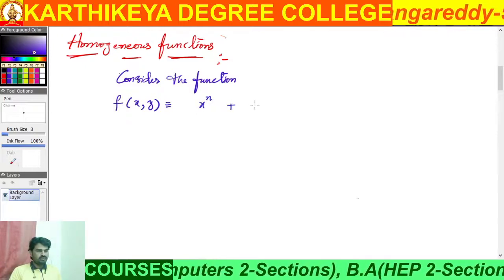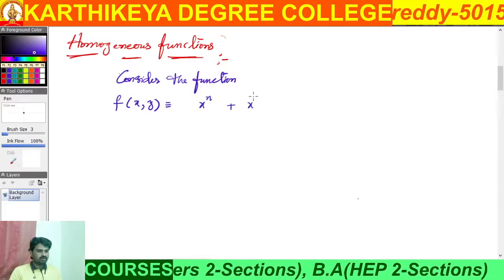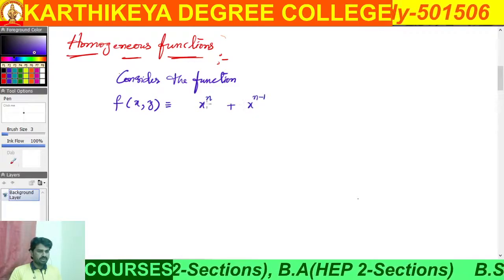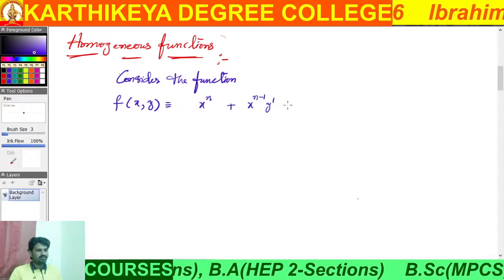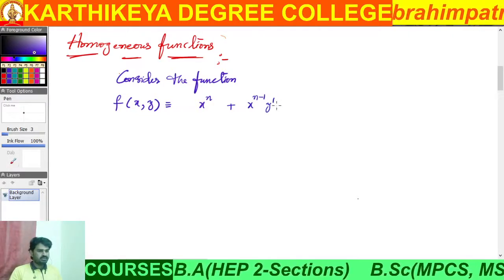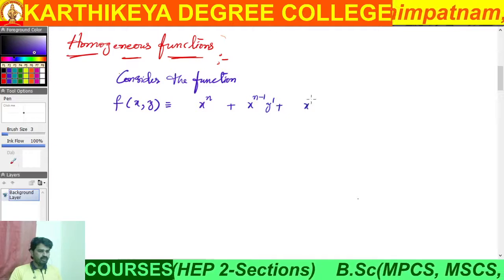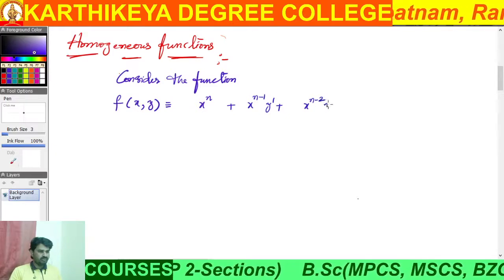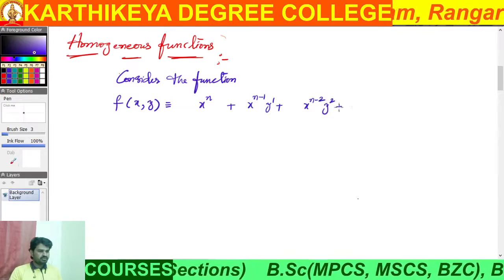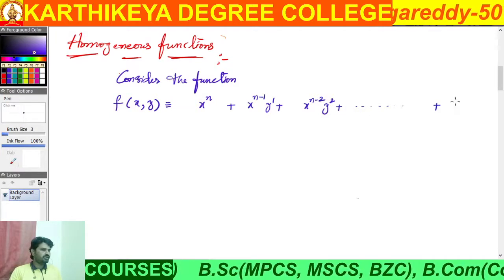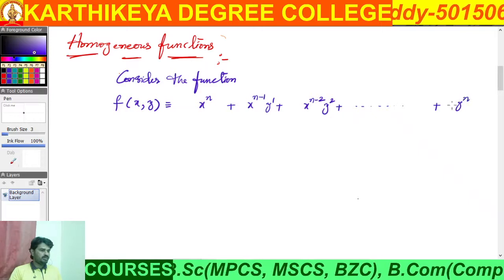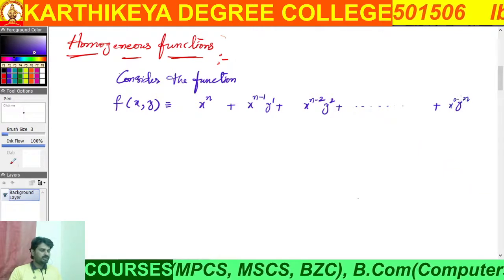Next term, we are going to reduce the power of x and increase the power of y. Next term is x to the power of n minus 1 with y, then x to the power of n minus 2, here y square. So on, and the last term will be y power n, that means x to the power of 0 and y power n.